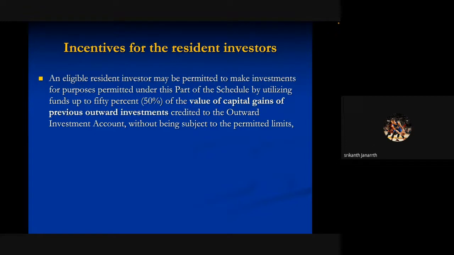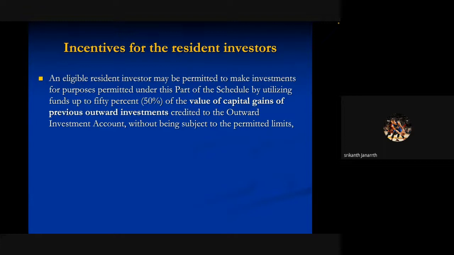He had made a 250% profit. He bought $10 shares and sold them at $35 per share. So for each share you made a profit of $25. So from the profit figure alone, up to 50%, you can reinvest.